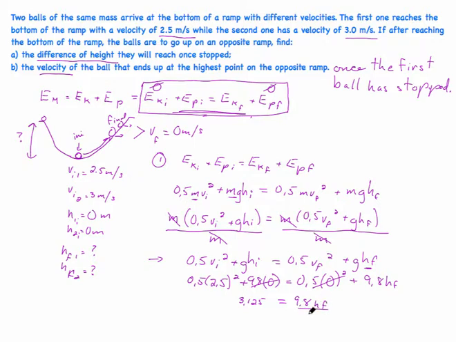Of course I need to isolate my hf, so I divide both sides by 9.8, and my final height in the case of my first ball will be 0.318 meters.